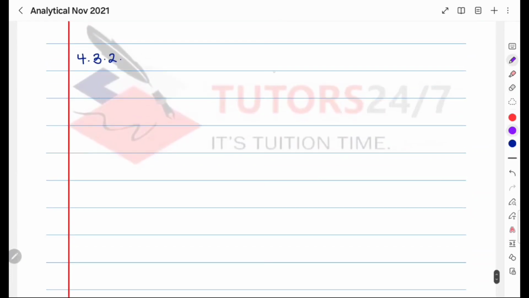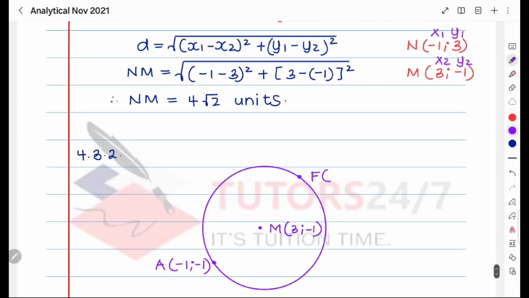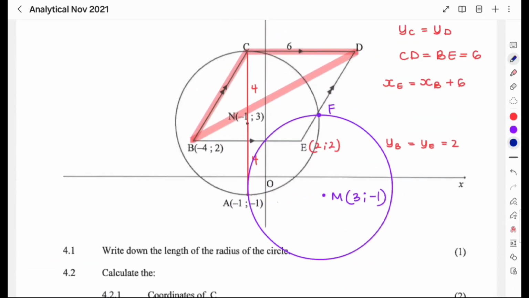So we have this circle, keep in mind, with center M. We have this point A, which has coordinates -1 and -1. We have this point F, which has coordinates, the x value. Let's just have a look. Can we find the x value?